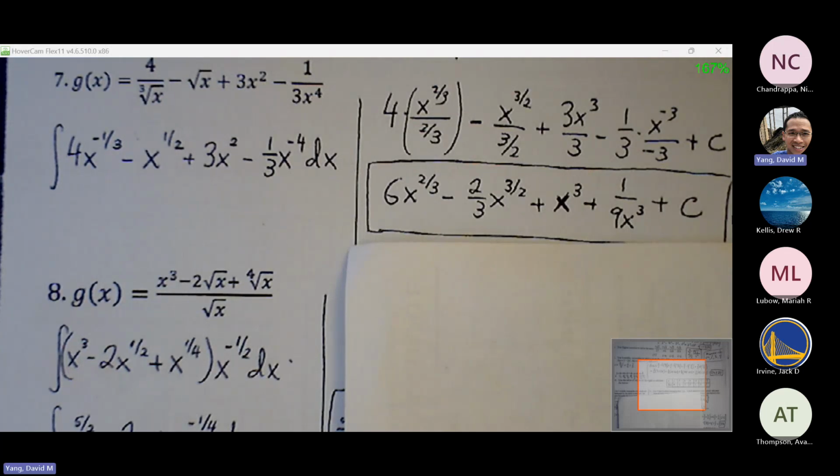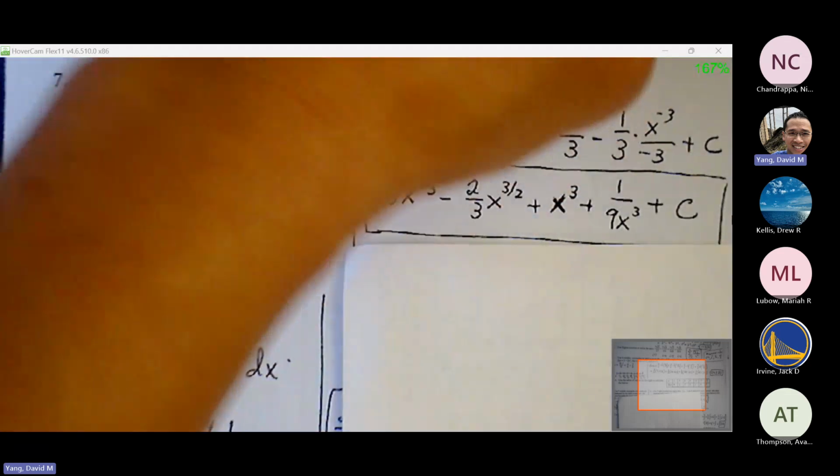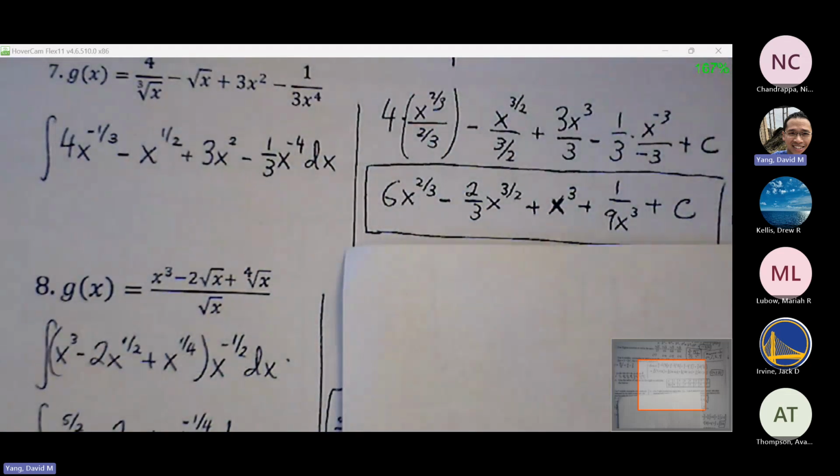Number 8, we're going to split up into individual fractions. I didn't work it out that way on my key, but let me work it out that way here.